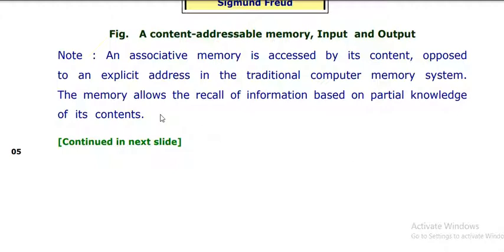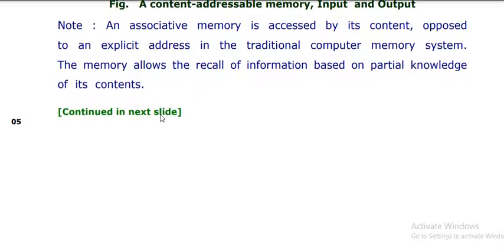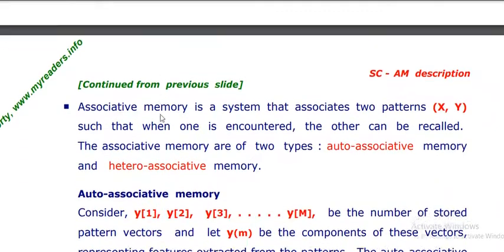It should be noted that an associative memory is accessed by its content, as opposed to an explicit address in the traditional computer memory system. The memory allows the recall of information based on partial knowledge of its contents.